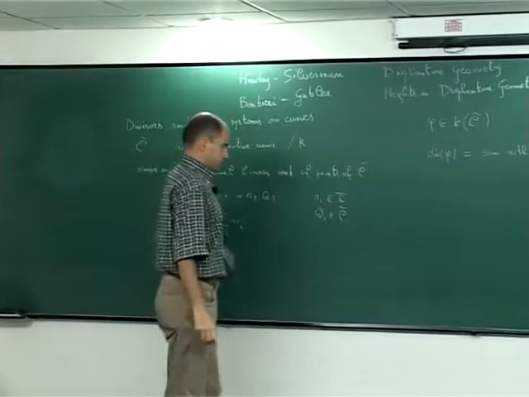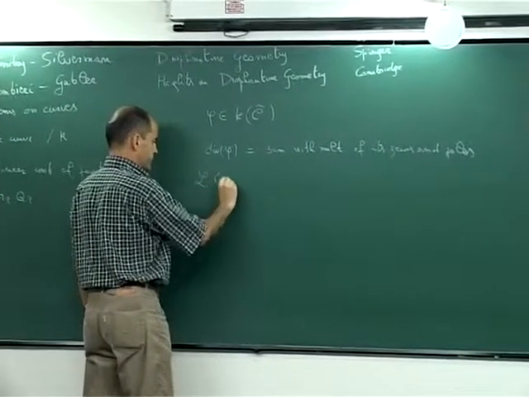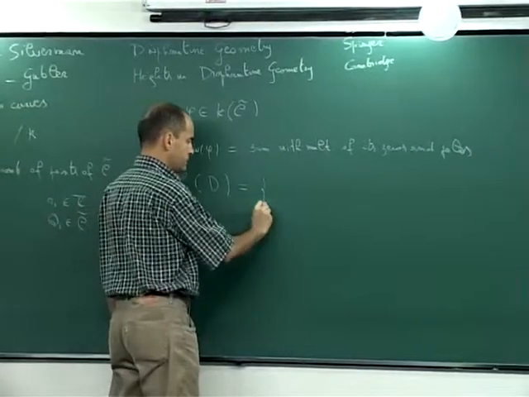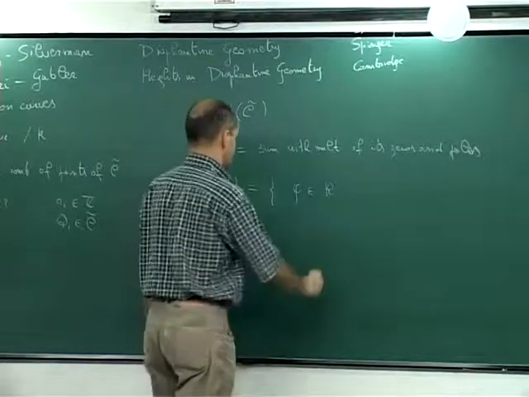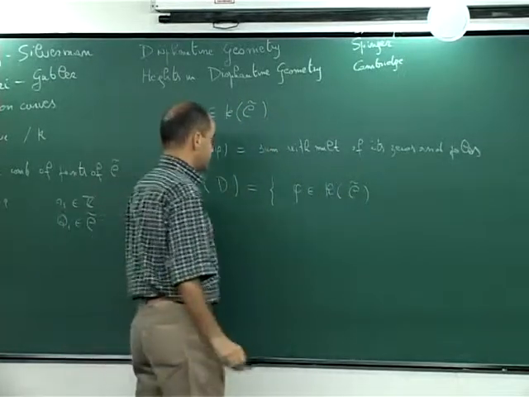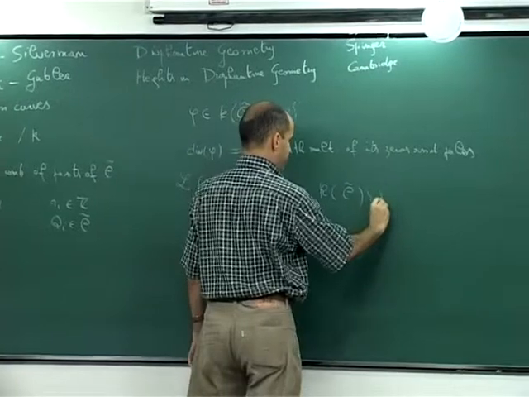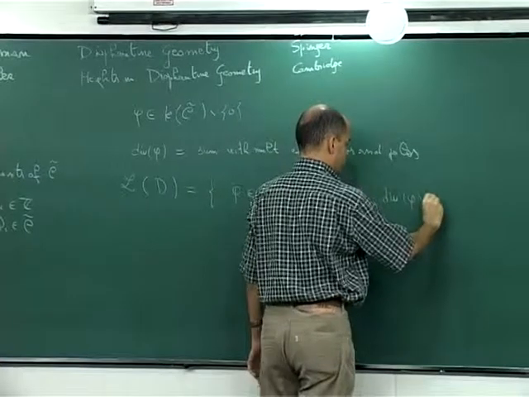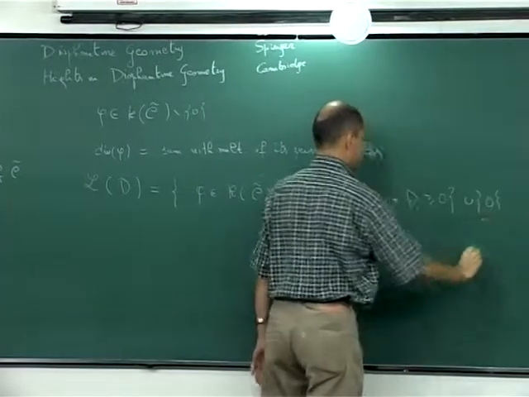Given a divisor D, the vector space L of D, also called the linear system associated with D, is the set of functions f, actually here I should eliminate the 0 function, such that the divisor of phi plus D is positive, and now I add 0.